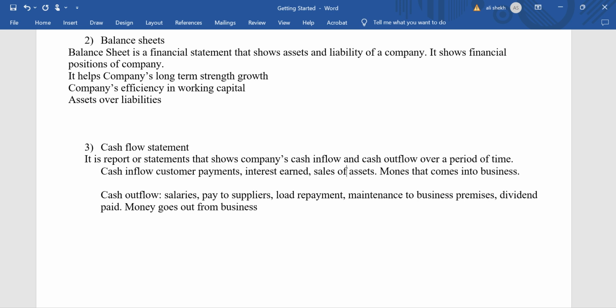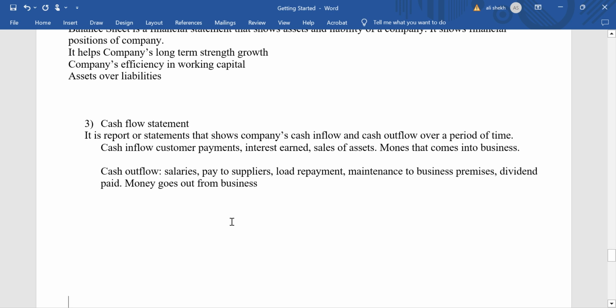These are the cash inflows. Cash outflow includes salary payment, payment to suppliers, loan payment, maintenance of business premises, dividend payment. So these are examples of cash outflow.